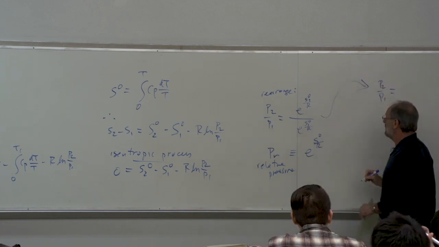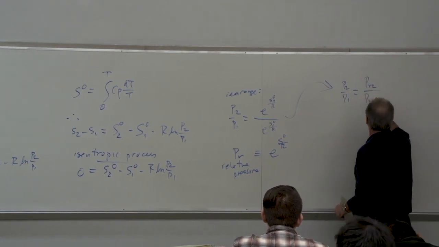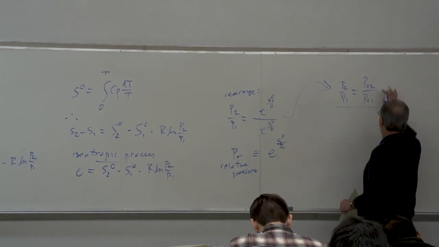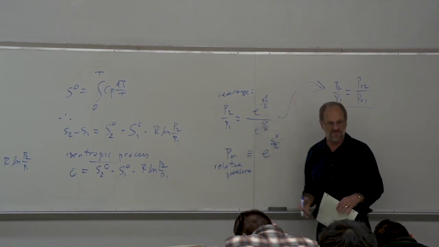And we get P2 over P1 is going to equal the relative pressure at 2 over the relative pressure at 1. Okay. Now, keep in mind that these relative pressure terms are, again, only functions of temperature, right?